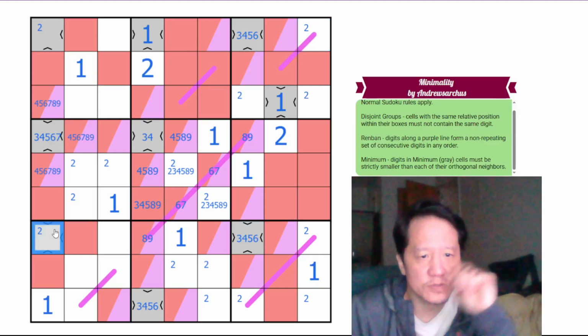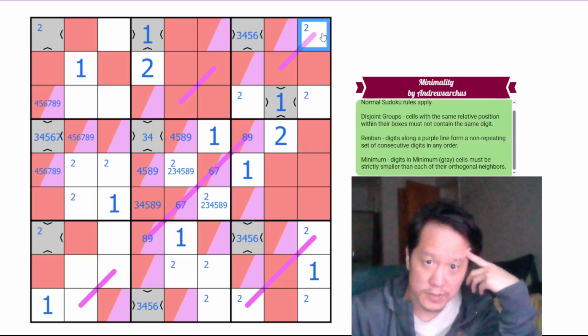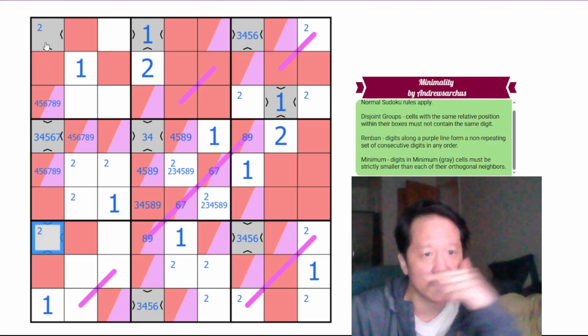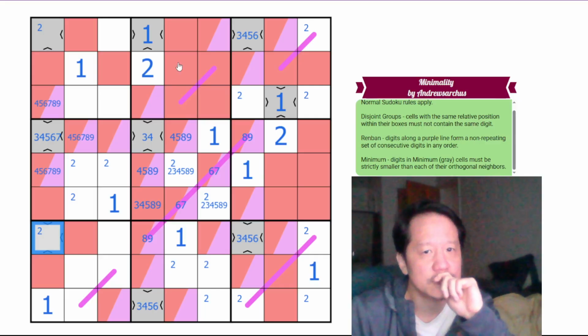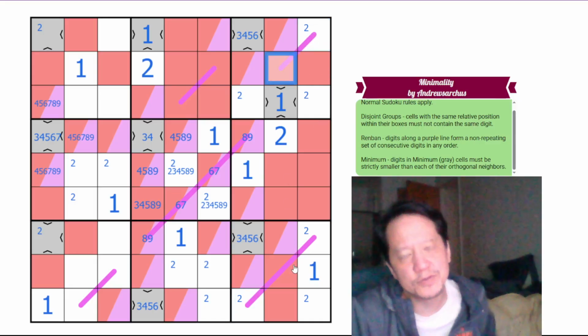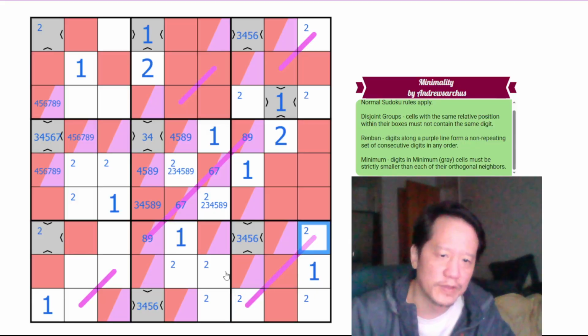Obviously, if this is 2, this has to be 2 there, because this 2 eliminates 2 as a possibility there, so the only 2 left possible in column 1 is there. So if this is 2, this has to be 2, and these can't be 2, so this is 2. So then this would have to be 2 and 3. This would be 2, 3, 4 in that case. One of these would be 2.